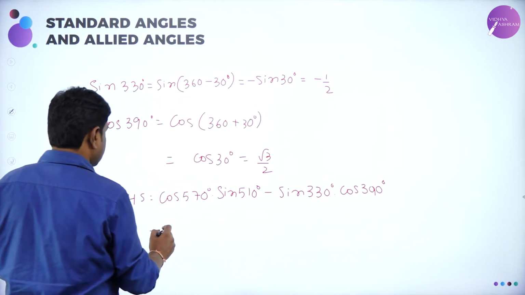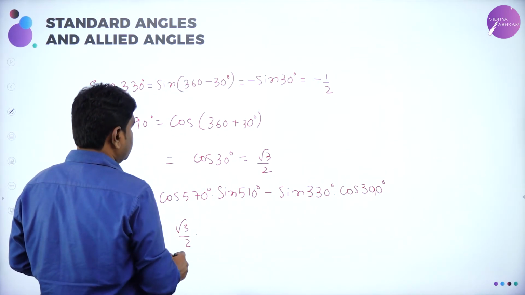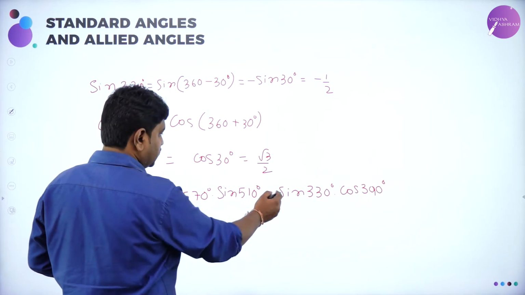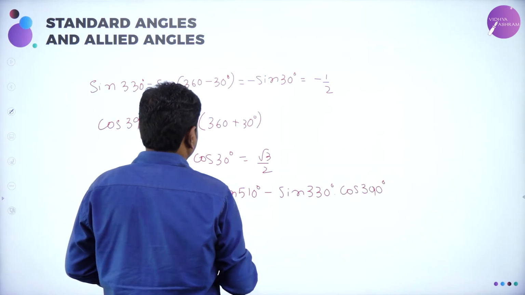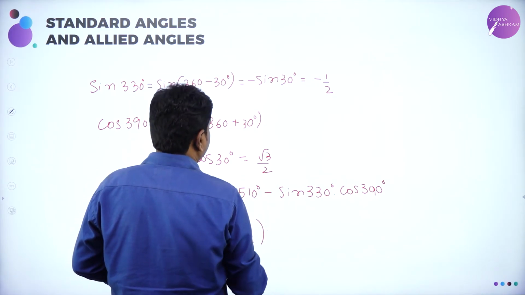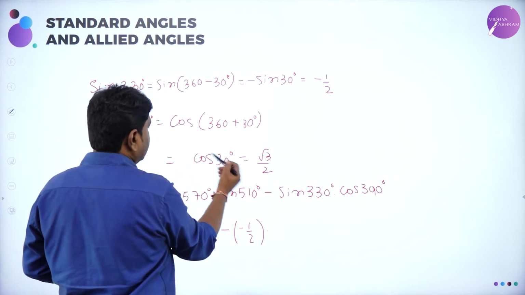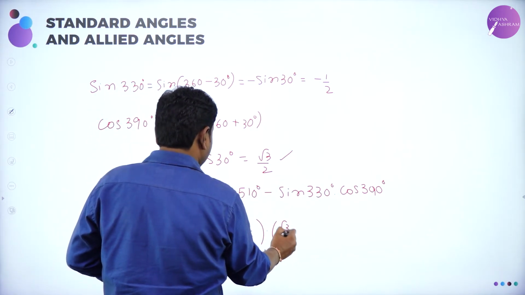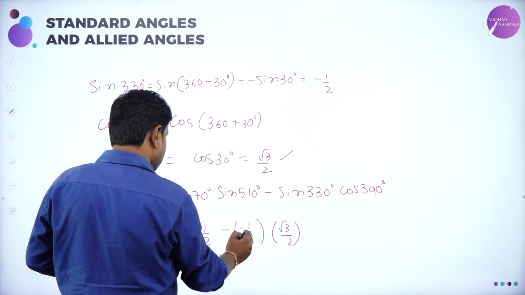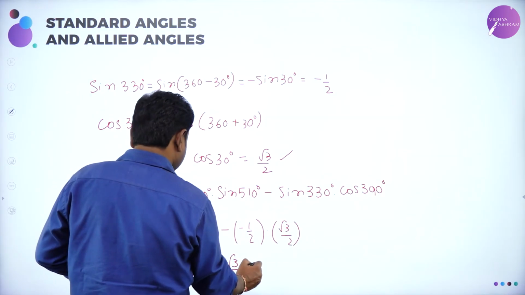Substituting, cos 570 we got root 3 by 2, sin 510 we got 1 by 2 positive, minus is there, and cos 330 is minus 1 by 2, and sin 330 minus 1 by 2, cos 390 is root 3 by 2. Substitute the values carefully. So root 3 by 2 times 1 by 2 becomes root 3 by 4, minus root 3 by 4. It will become 0.